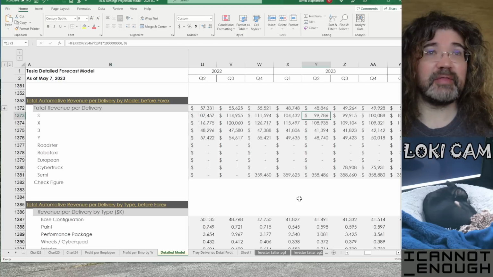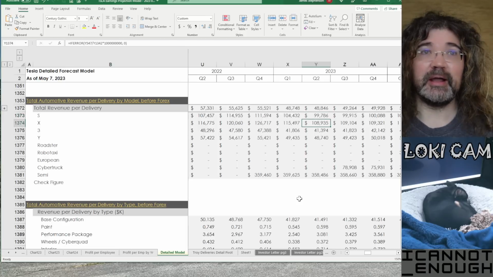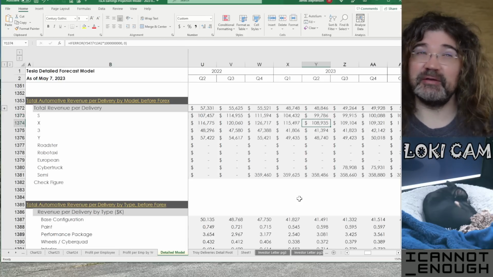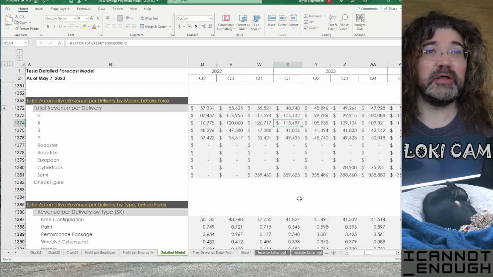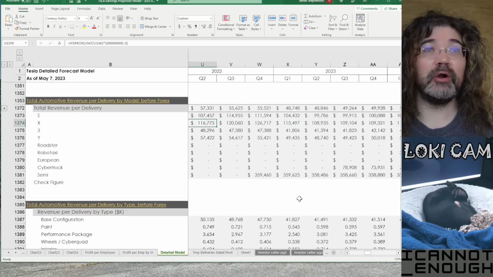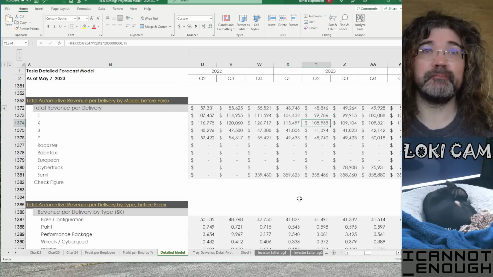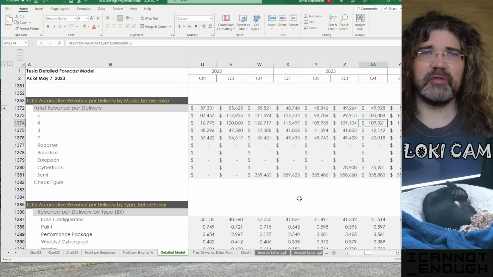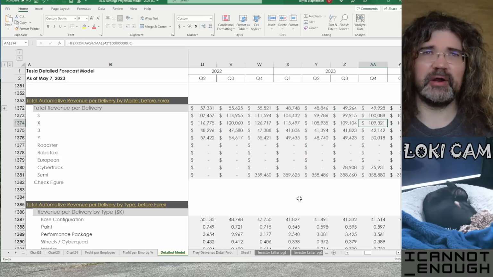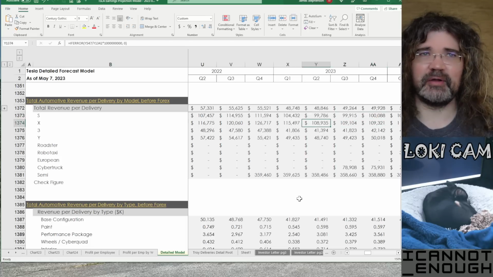For Model X, I've got it coming down $7,000, from 115 to 108. That's a lot lower than it was in Q4 when that vehicle peaked in ASP. Now I've got this stabilizing for the remainder of the year for these vehicles. They're going to stay right around that level.